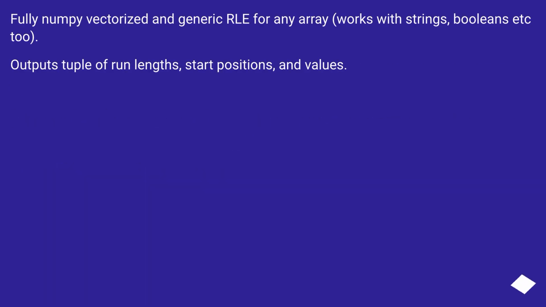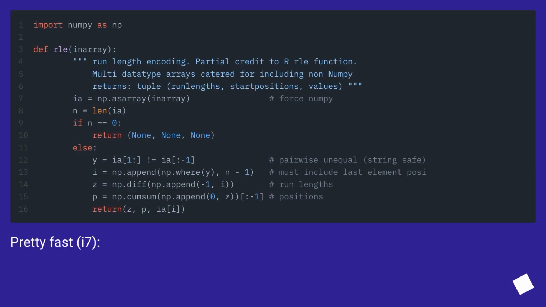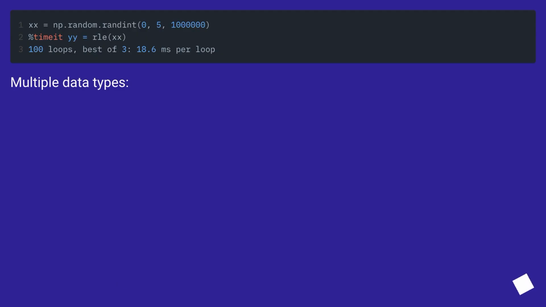Fully numpy vectorized and generic RLE for any array, works with strings, booleans etc. too. Outputs tuple of run lengths, start positions, and values. Pretty fast, i7. Multiple data types.